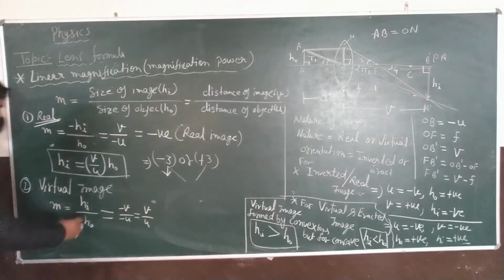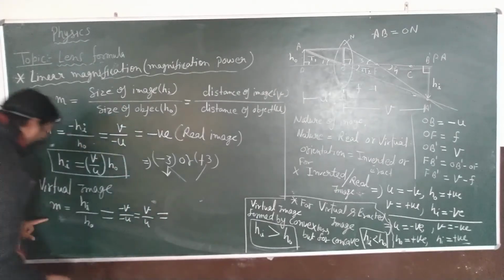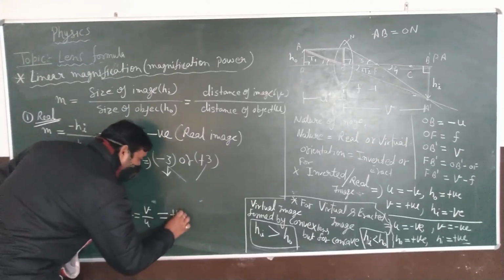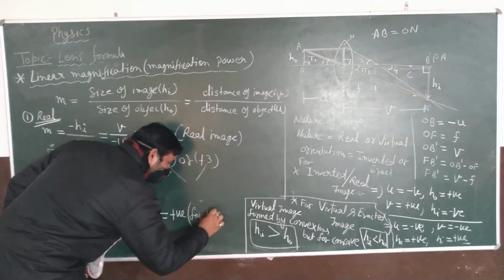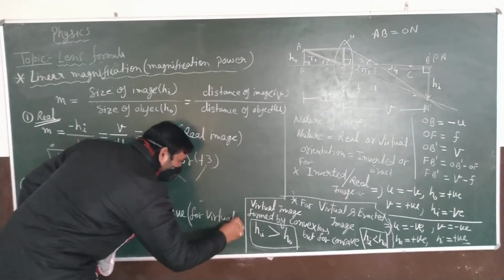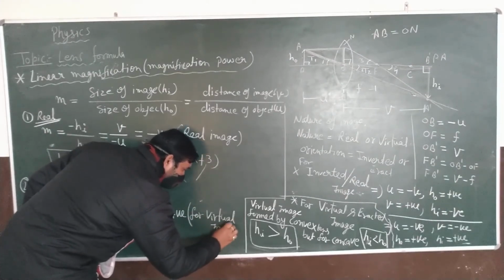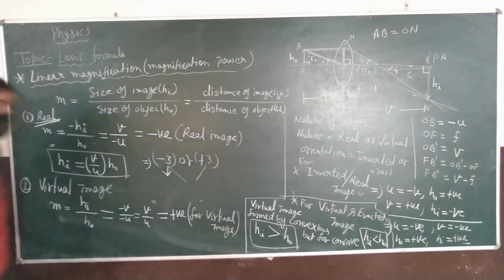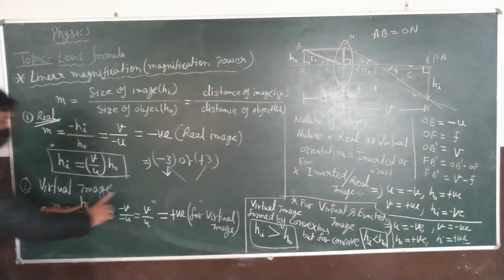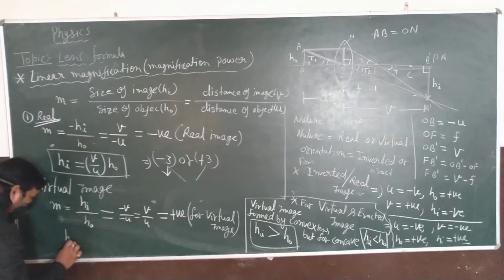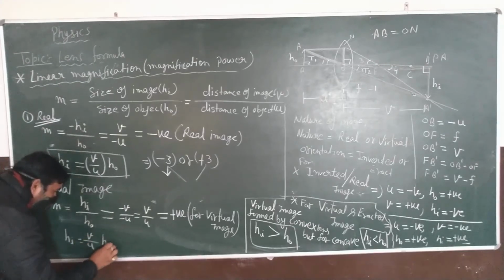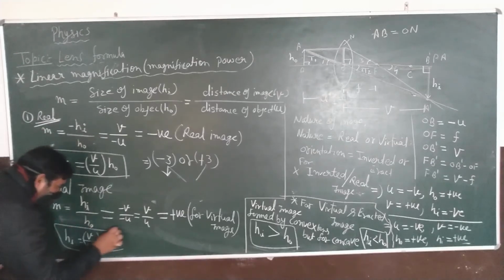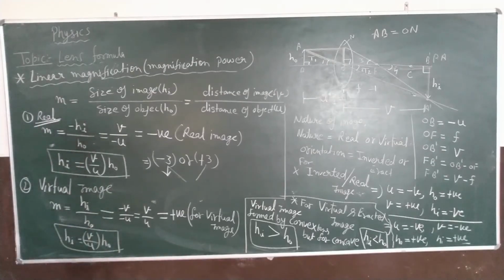Clear? Therefore the magnification is positive for a virtual image. It is clear or not? Now again by comparing this, we get the result: height of image is equal to v upon u into h.